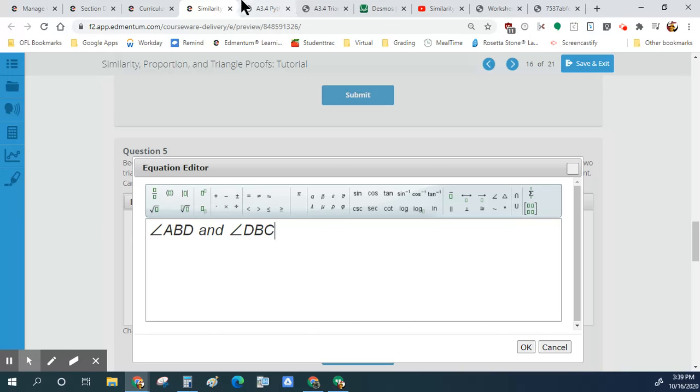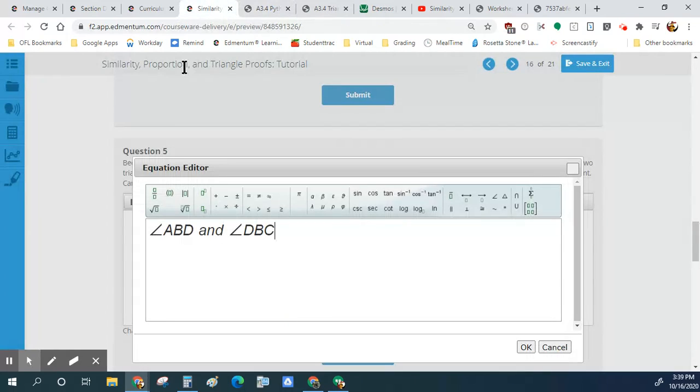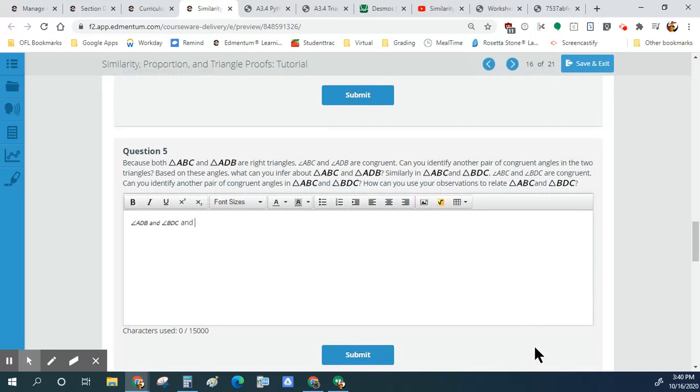I'm trying to make it like small angle, right angle, big angle. So I'm going to do small angle, right angle, big angle. So that's why I did it this way. And actually, I wrote these backwards. There we go. Wrote this backwards too. Oh my gosh, I am off today. I am sorry, guys. And those angles are both right angles.